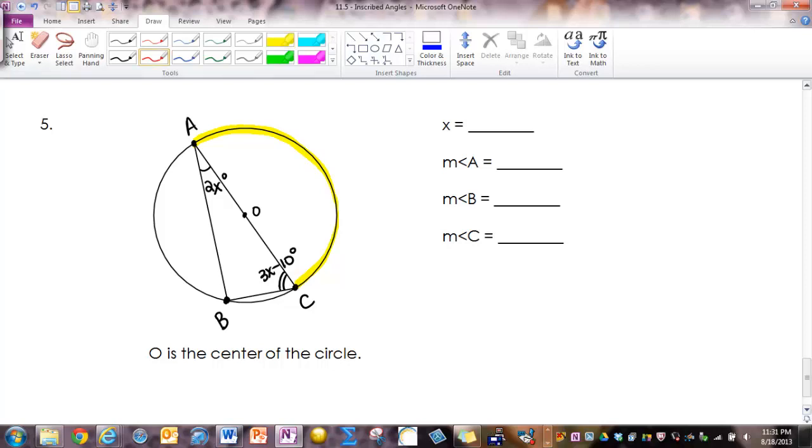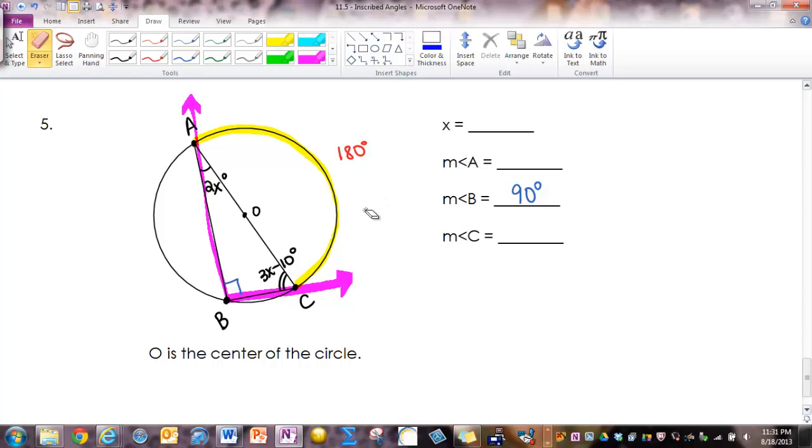So it has measure 180 degrees. Now since it has measure 180 degrees and this angle right here that I'm tracing in purple, angle ABC, is an inscribed angle, it has measure half of its intercepted arc, so half of 180 or 90 degrees. So the measure of angle B is 90 degrees.